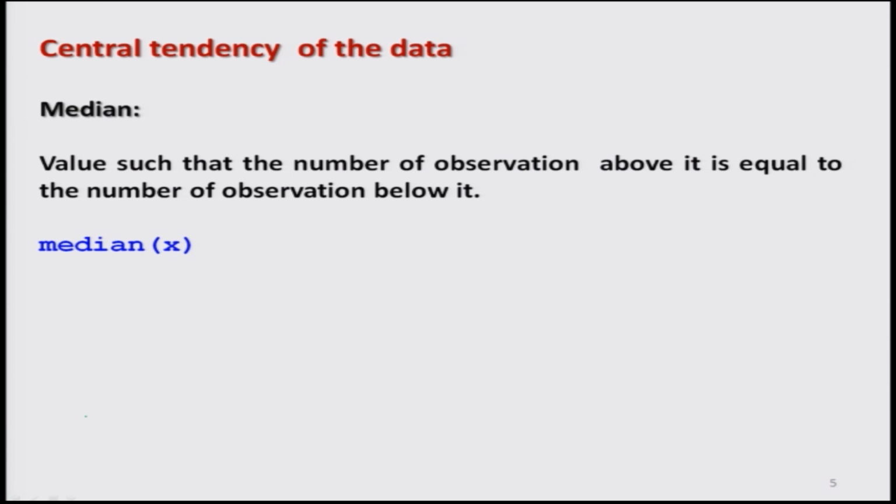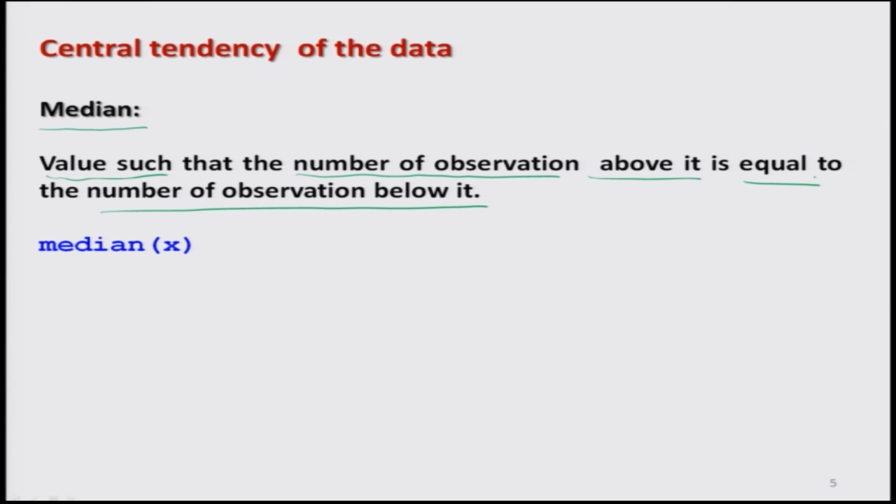Next we consider another popular measure of central tendency, which is the median. We all know that the median is the value which divides the total frequency into two equal parts. So, this is a value such that the number of observations above it and the number of observations below it are the same, they are equal.